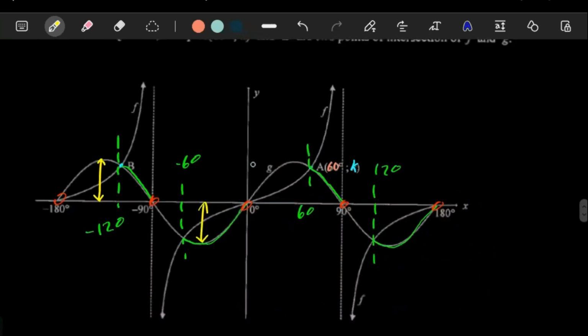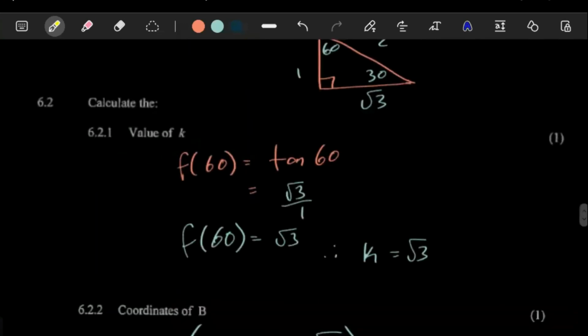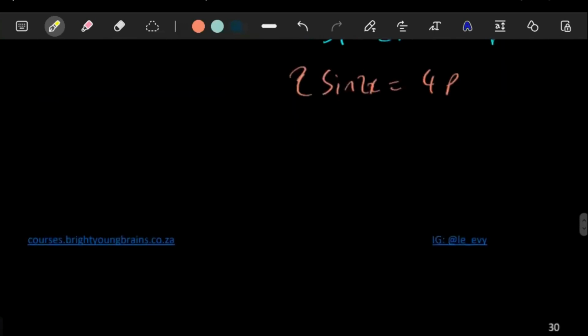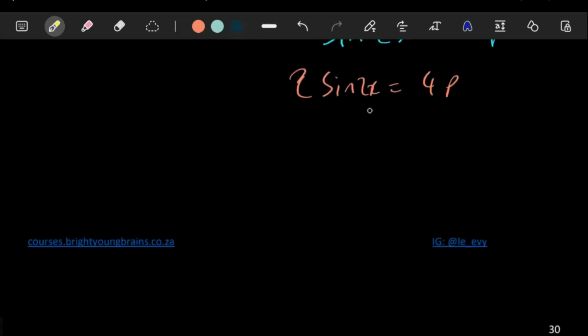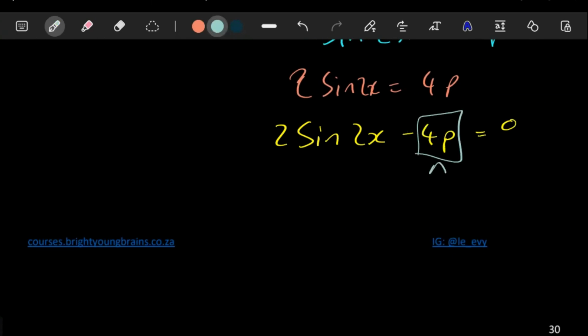So we know that this graph goes all the way to positive 2, and all the way down to negative 2. For this equation to have solutions, without you doing anything crazy, all you need to know is this graph, right? If you have here 2 sine 2x, and you move the 4p to the other side, for this equation to be equal to 0, this part here has to be 2 or negative 2.